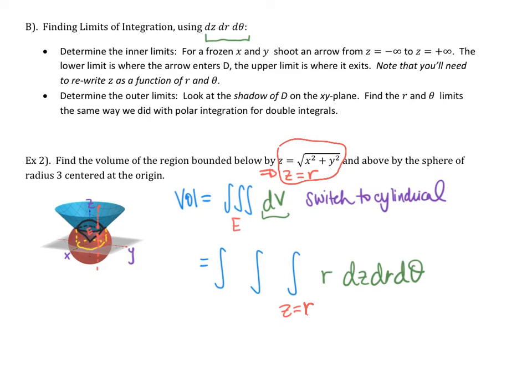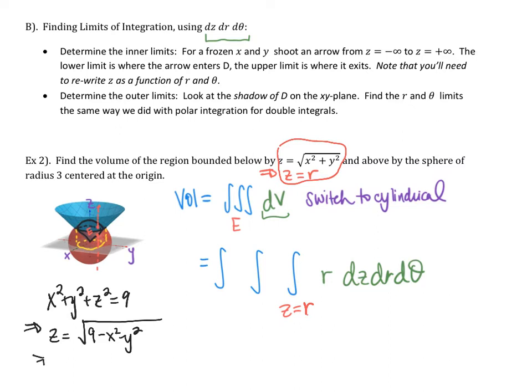And then the sphere of radius 3 centered at the origin, let's write the equation for that. That's going to give me my top bound. So I have x squared plus y squared plus z squared is 9. I'm going to solve that for z, and that's going to be the positive square root of 9 minus x squared minus y squared, because it's just the top half of the sphere where this is exiting.